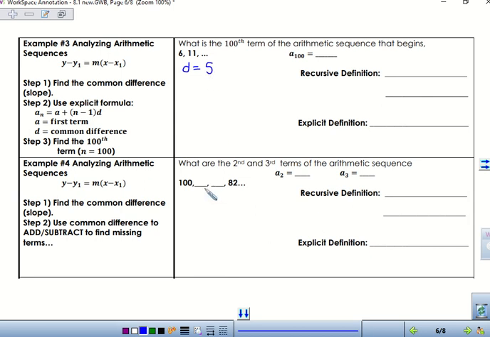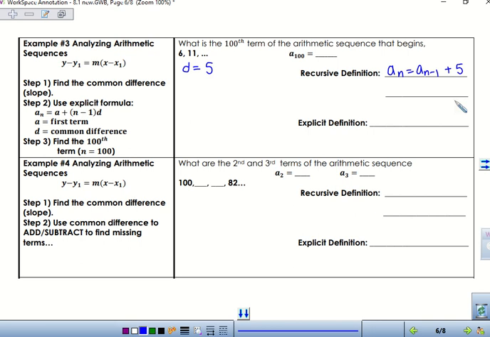So if I have d, the only other two things I need to write, well, for the recursive definition, we're actually ready to go. The recursive is always a sub n is equal to a sub n minus 1 plus whatever d is. That's the recursive definition. So that just means if I have the fourth term, I can use this formula to find the fifth term. It seems kind of silly because you're like, I'll just add 5 to it, but you'll see when it's used in context.